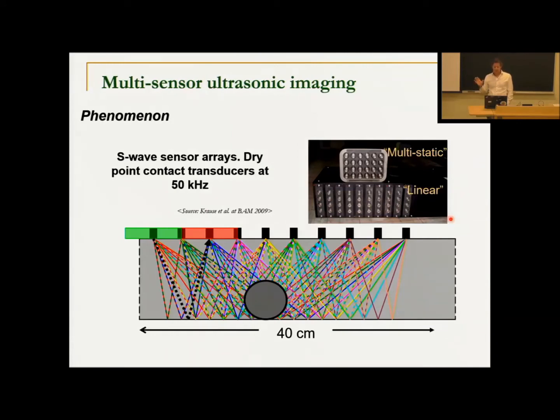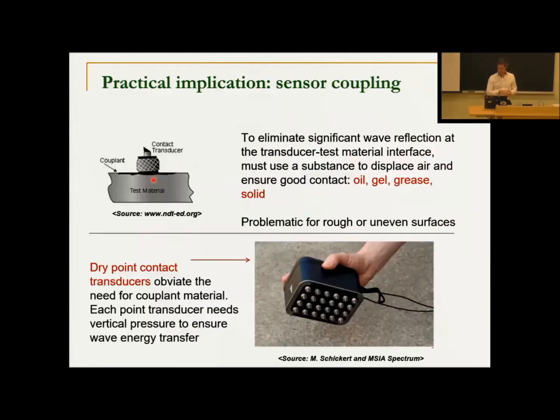In this case, these are shear wave transducers, so they're generating shear waves in the material, and because of this unique design that I'm showing here, they're able to do that without necessarily having any sort of coupling. It's all a strong mechanical contact, right? So the idea is that we send lots of wave energy in different paths, collect all this information, and build back an image to find out about a defect inside.